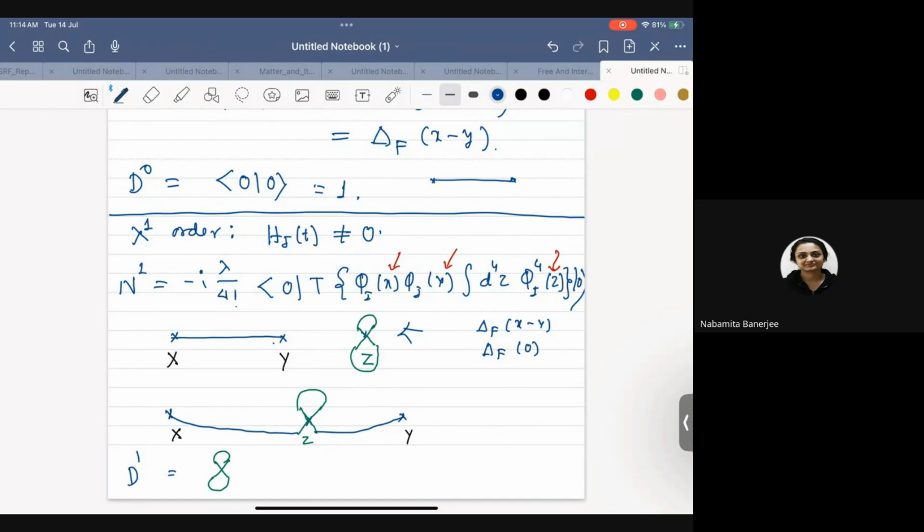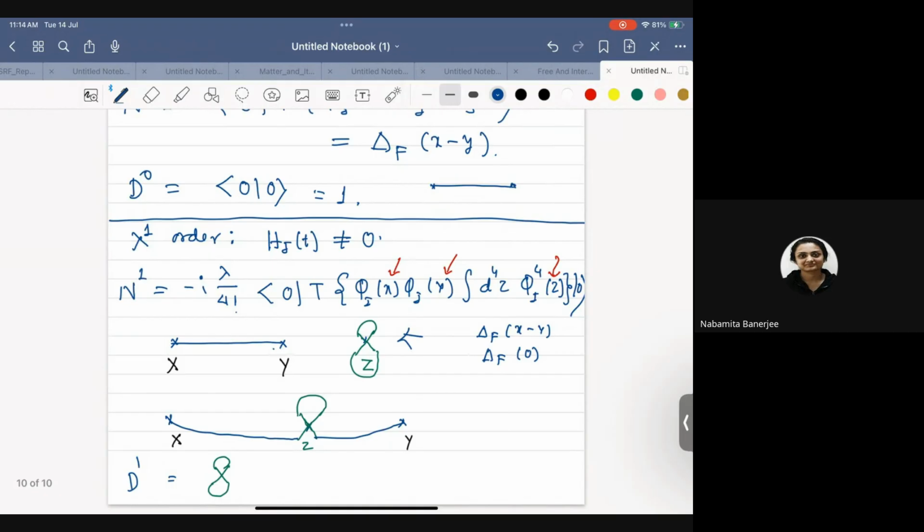Because they are at the same point, z minus z. Whereas this one has delta_F(x minus z), another delta_F(y minus z), and another delta_F at 0. These are the results, and you know the integral representation of all of them. So this one is also delta_F squared at 0, and then I can evaluate the integral and take the ratio.